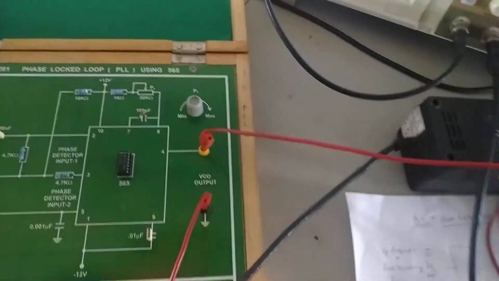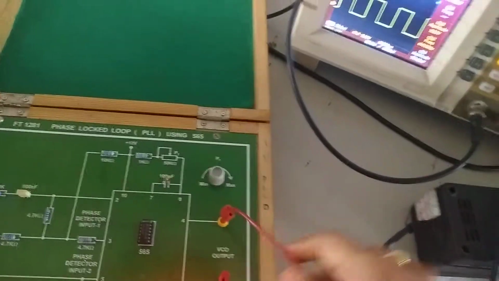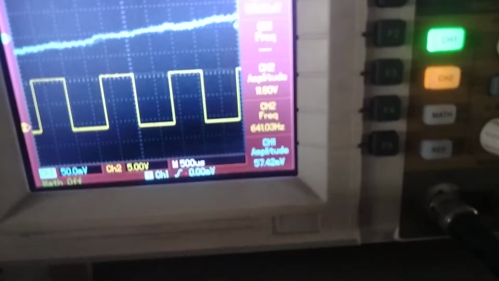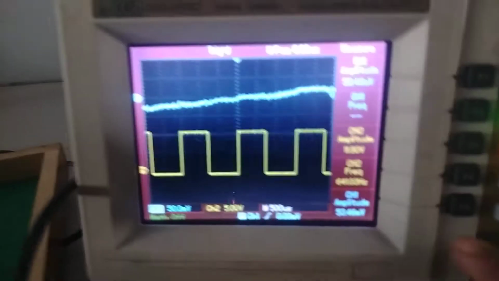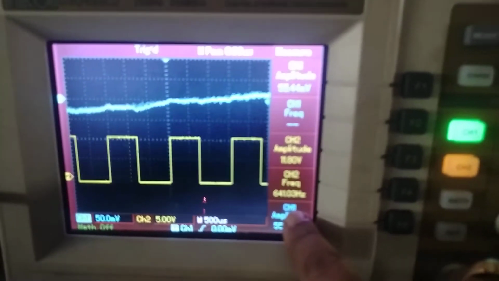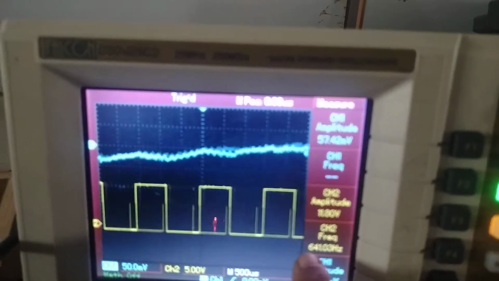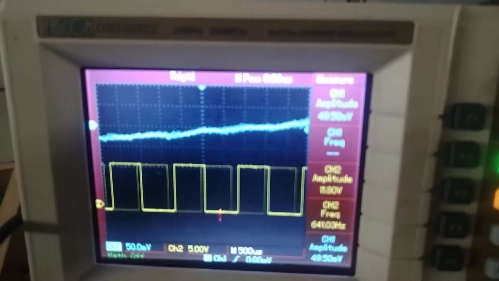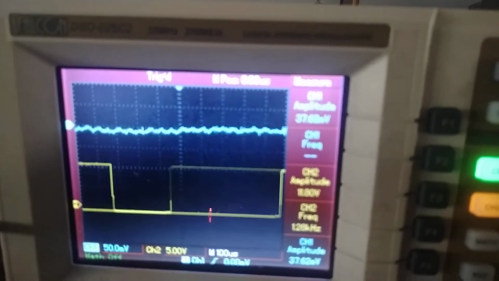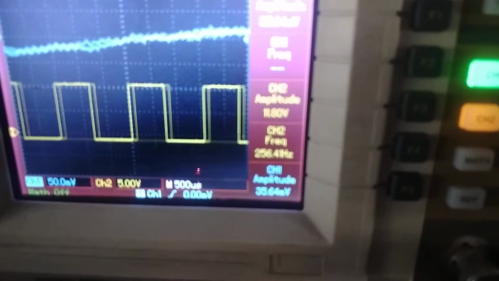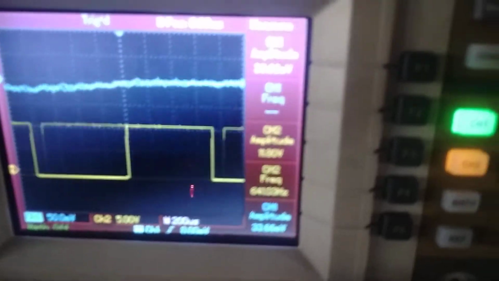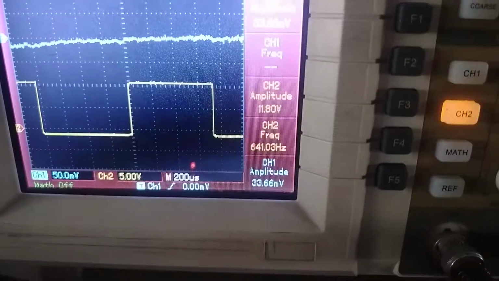You connect the cable to the DSO and observe that this is the free running frequency. This is channel 2. What is the frequency? The free running frequency is 640, and the amplitude is 11 volts. So first, all of you note down the free running frequency of the VCO.